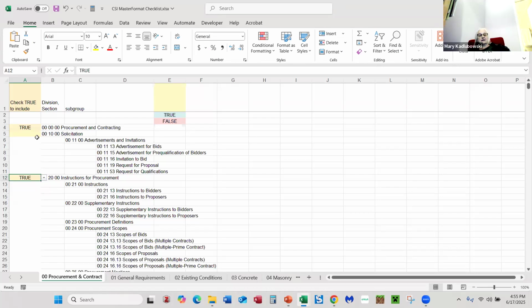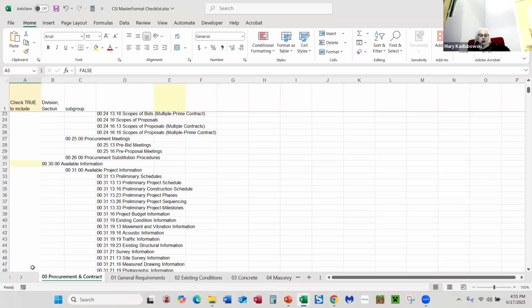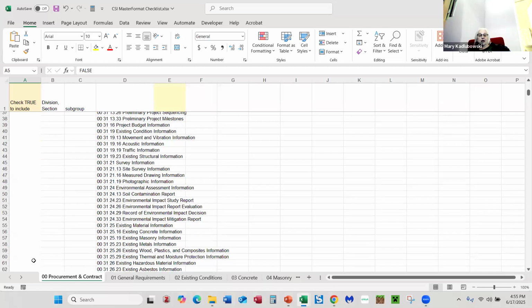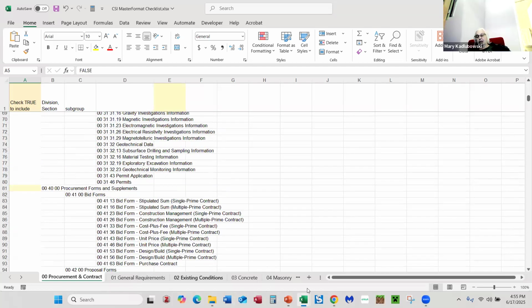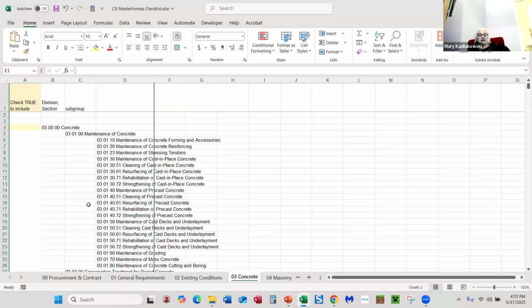Yes. Do you need solicitation? No, because you've already got the job. You're just going to go down and check off each of these, whether they apply or not, for all 54 tabs here. Save it, turn it in, and that's how that will be most efficiently done.